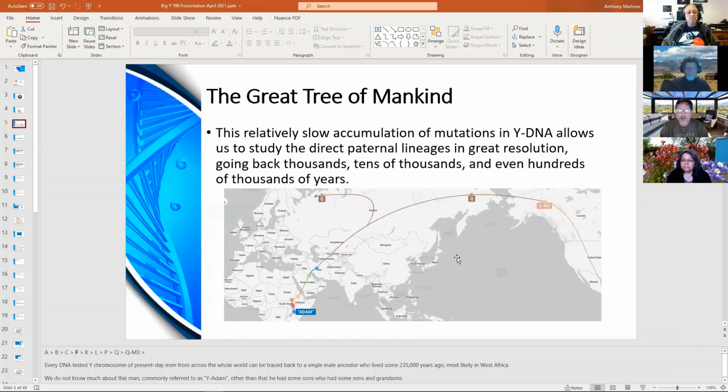So this is the big picture, 60,000 foot view of my branches. I'm QM3, which is Native American, and that haplogroup sits on the Q branch, and the Q branch sits on the P branch, and the P branch sits on the L branch, and the L branch sits on the K branch, and the K branch sits on the F branch, which sits on the C branch, which sits on the B branch of the A branch.